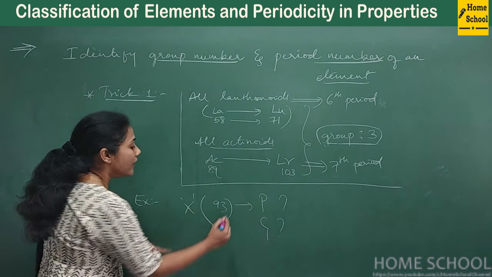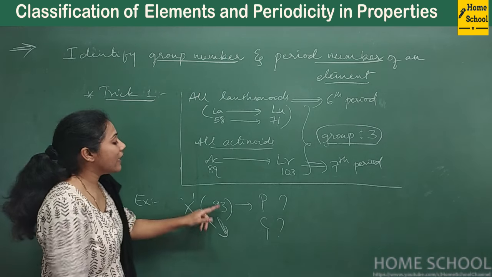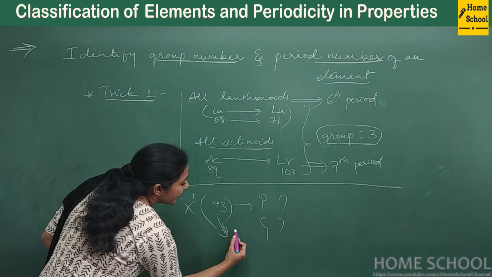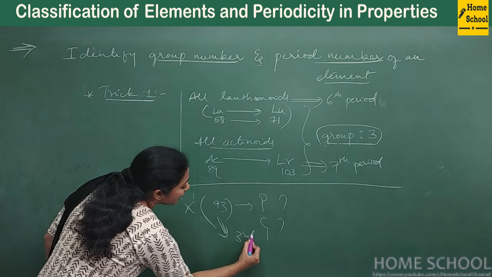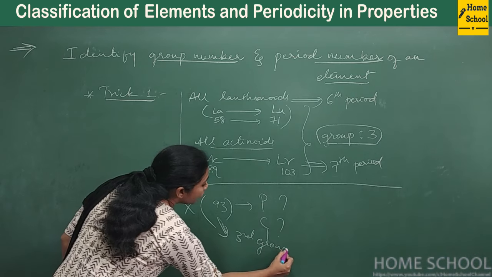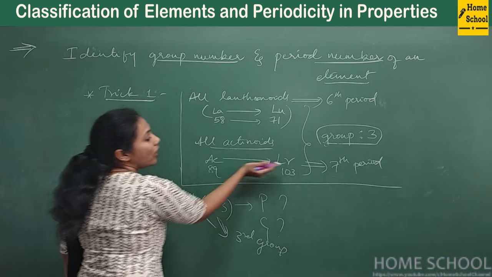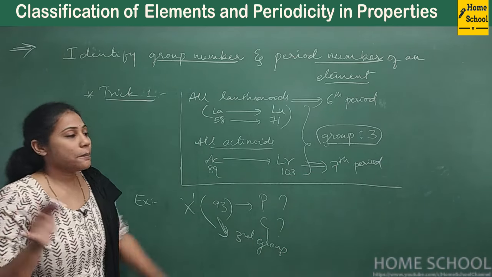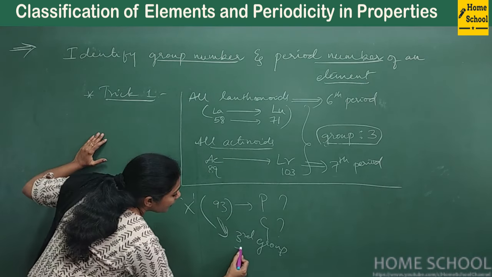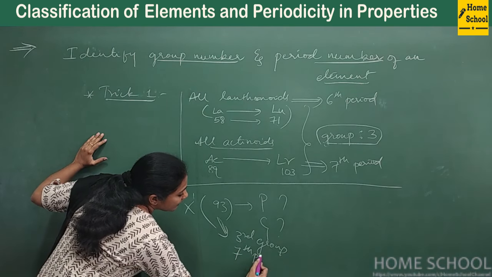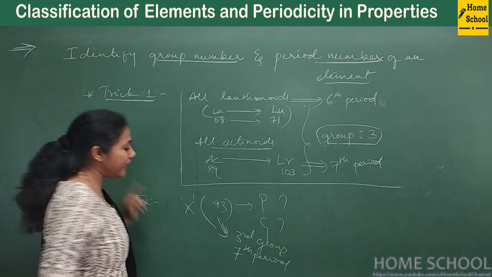So this particular element comes in which group? Its location is third group, and it comes in which period? All actinoids will come in the last period, that is the 7th period, right? So 7th period. That's very simple, right?